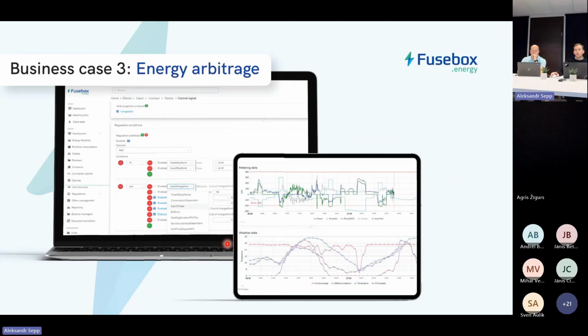How do we do it? On the backbone of our client's device, the control signal means that we can predefine the characteristic features and the limitations of both up and down regulations.